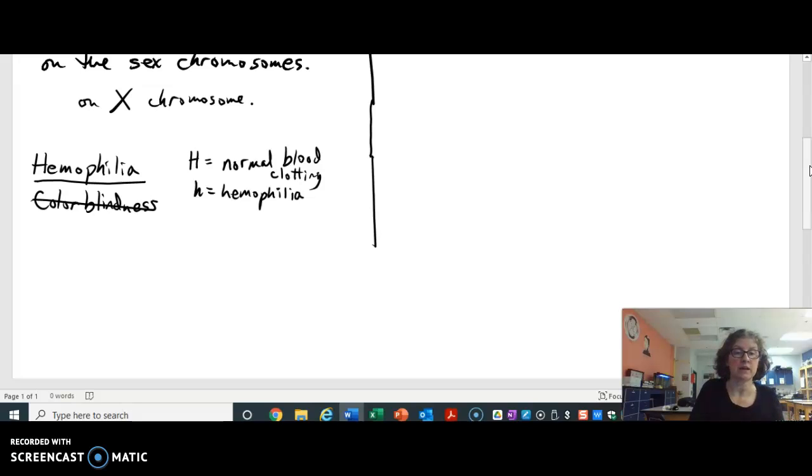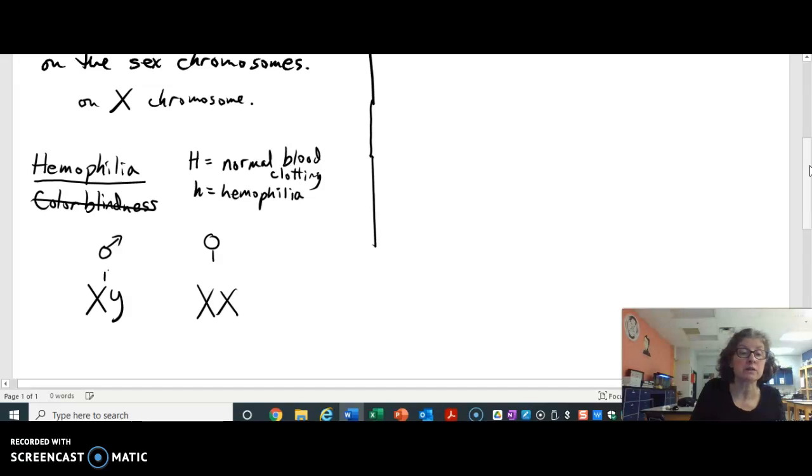Let's say that we have a man who has these sex chromosomes, you always start with the sex chromosomes, and a woman with the two X chromosomes, and let's say that he has normal blood clotting. So he has a capital H here, but nothing attached to the Y. And then she has the heterozygous condition, which is what Queen Victoria had back in the day. She was a carrier for that hemophiliac allele, and she didn't know it.